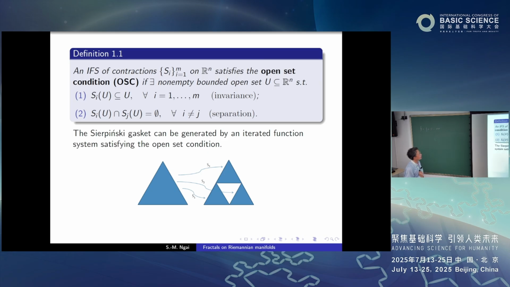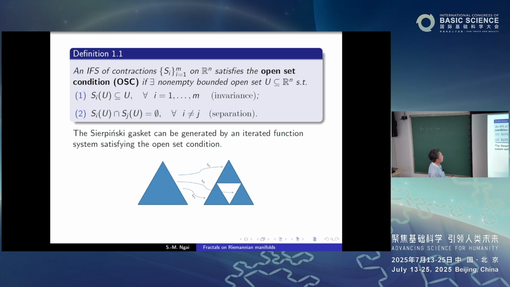All right, so now I want to explain the class of fractal sets that I'm going to mention in my talk. Now, for iterated function systems, there's a very important condition called the open set condition.